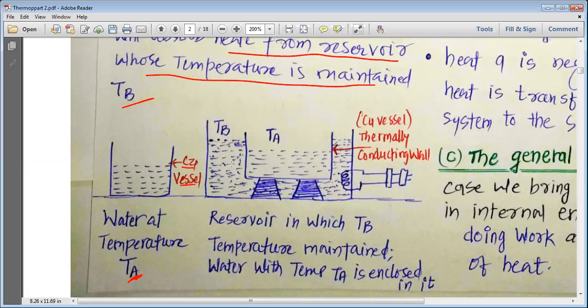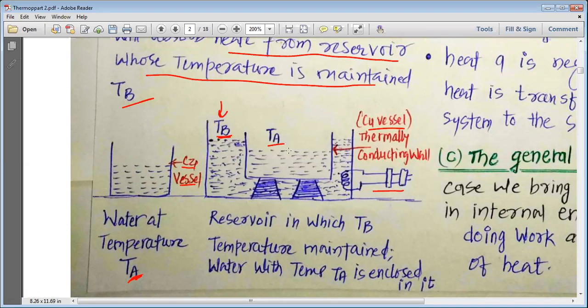The temperature of this water reservoir is maintained at TB by providing some energy to it. Remember that this reservoir's temperature is neither less than TB nor more than TB. We provide electrical energy just to maintain the temperature. And then we put the water at temperature TA into the vessel inside.